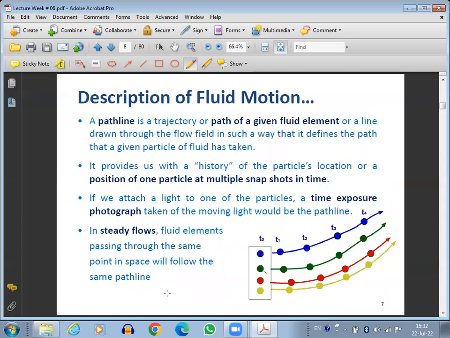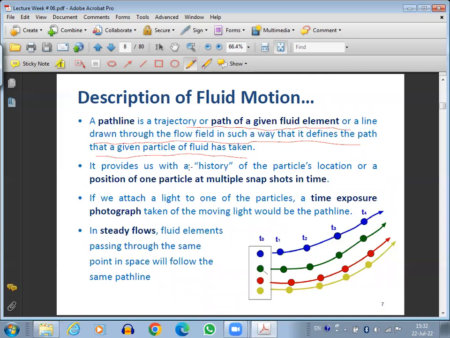Okay, so that was the streamline. Now we have another line to define the flow. We call it path line. Now, path line is a trajectory or path of a given fluid element, or a line drawn through a flow field in such a way that it defines the path that a given particle of the fluid has taken.